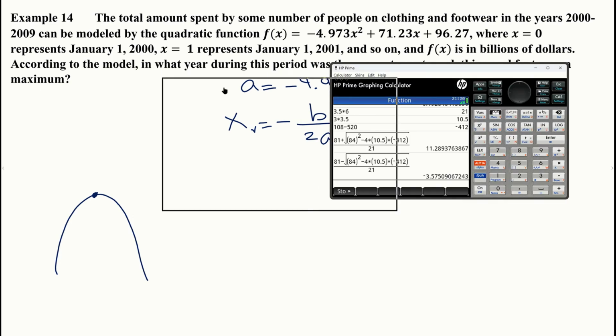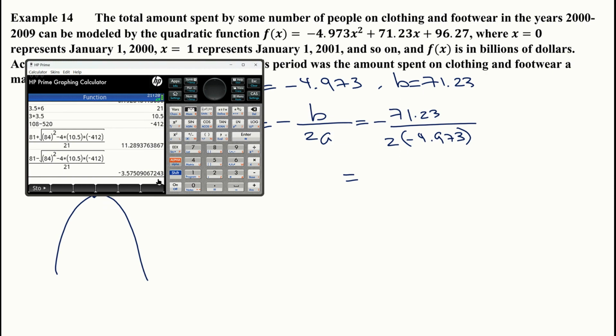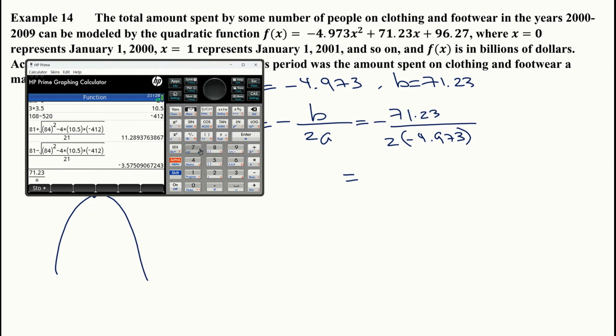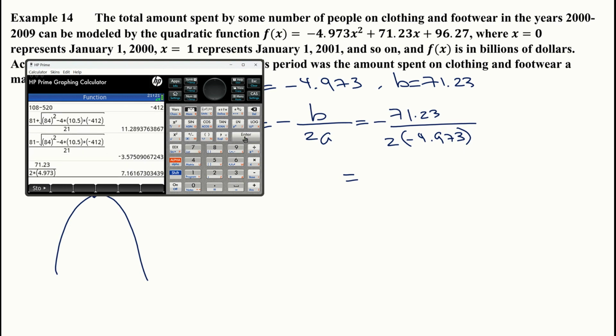So 71.23 divided by 2 times 4.973. So we get approximately 7.16.